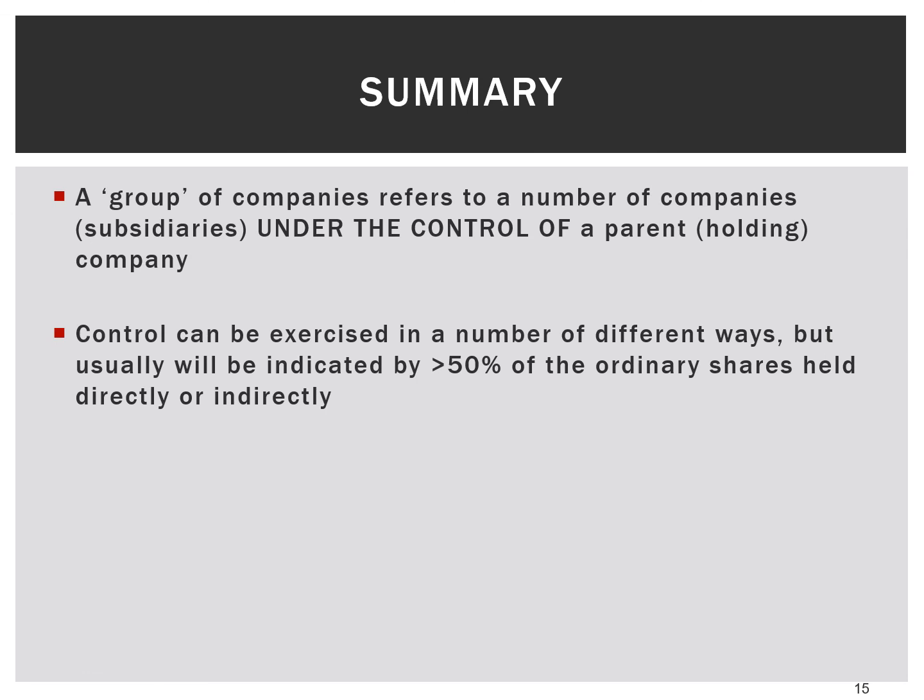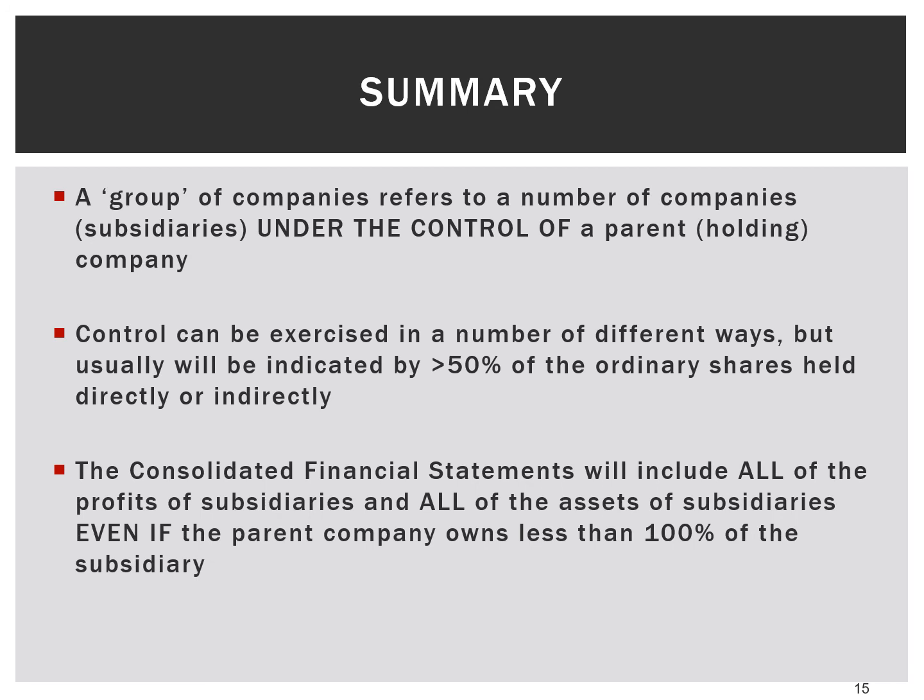And control can be exercised in different ways, but usually, certainly in the exam, we'll be looking at more than a 50% shareholding. And then the other important thing to remember is that the consolidated financial statements will include all of the profits of those subsidiary companies that we have control of, and all of their assets and all of their liabilities, even if the parent company only legally owns less than 100% of that subsidiary.